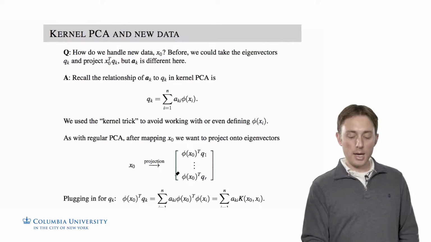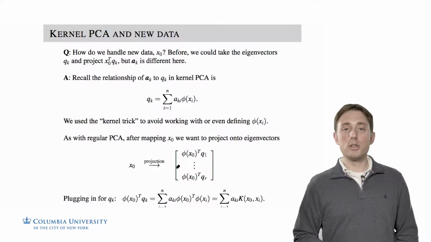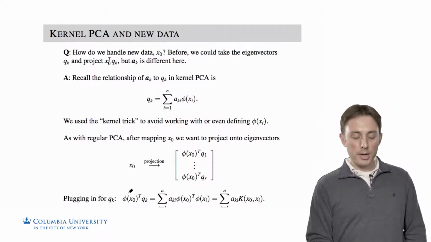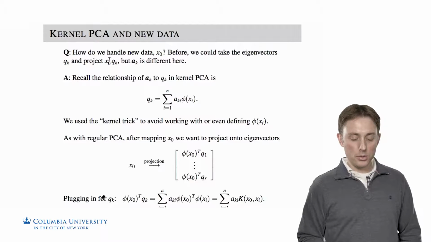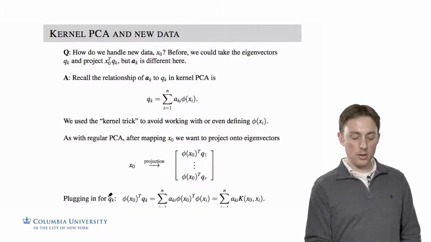And we do that r times to get our r-dimensional projection. But now if we plug in for each of these q's, if we pick the kth dimension, qk, and we plug in what this is equal to, this dot product will equal the kth dimension in this projection. But now we take this and plug it in.